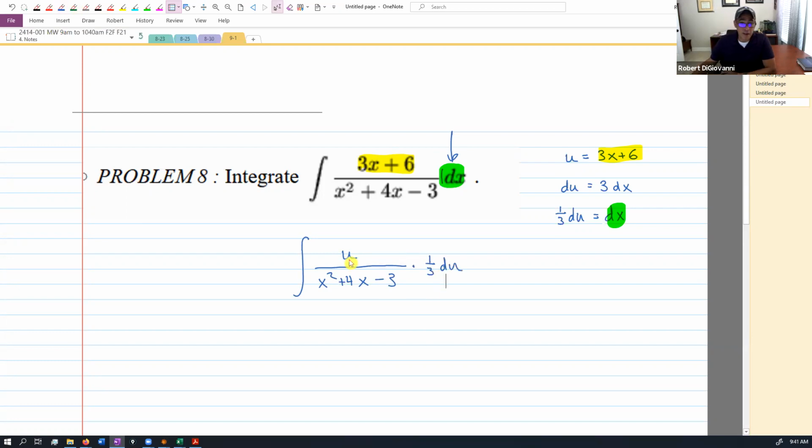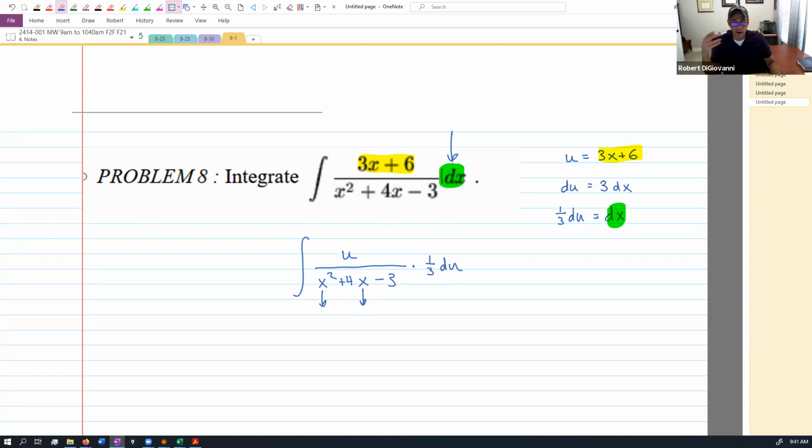But the problem is you still have x's here. You need to somehow get rid of these x's, and unfortunately you do not have a clean way of replacing them. You need to replace x squared and x with something that has u in it, and it's going to get very ugly if we try to do that.